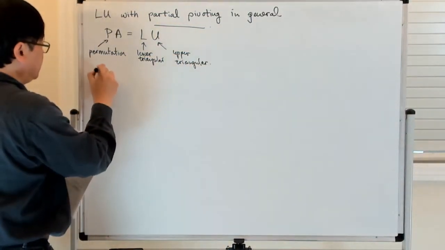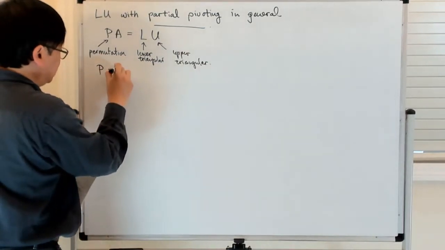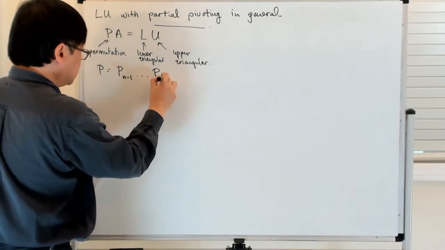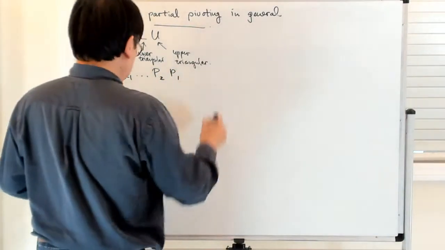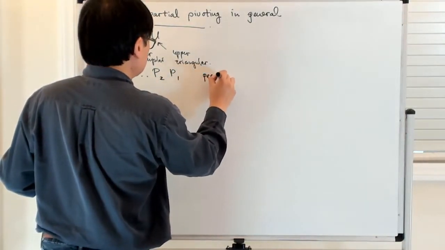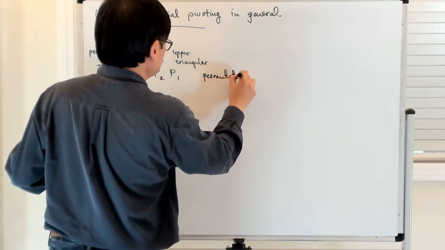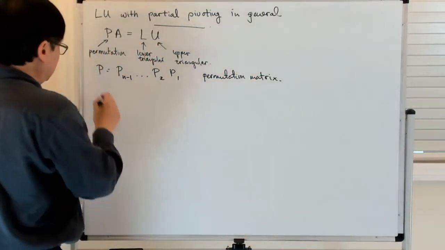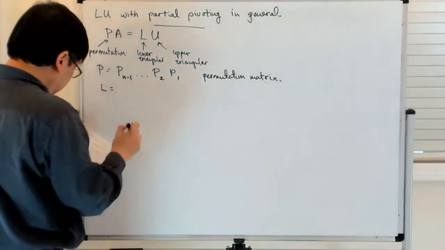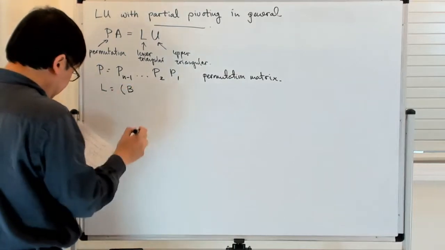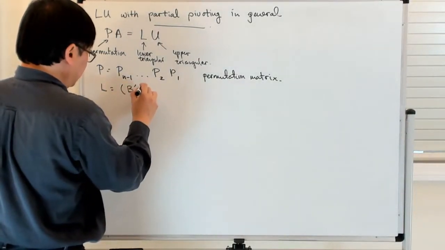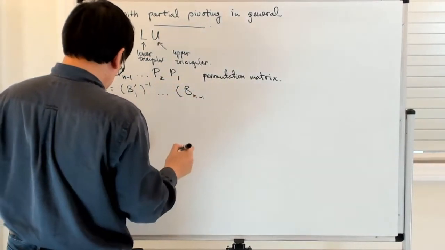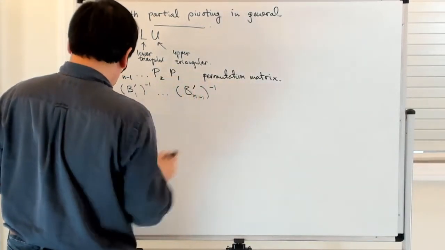Then P is going to be this product of permutations which show up. So this is a permutation matrix. And then L is going to be this product of inverses, B1 prime inverse, composed up to Bn minus 1 prime inverse.